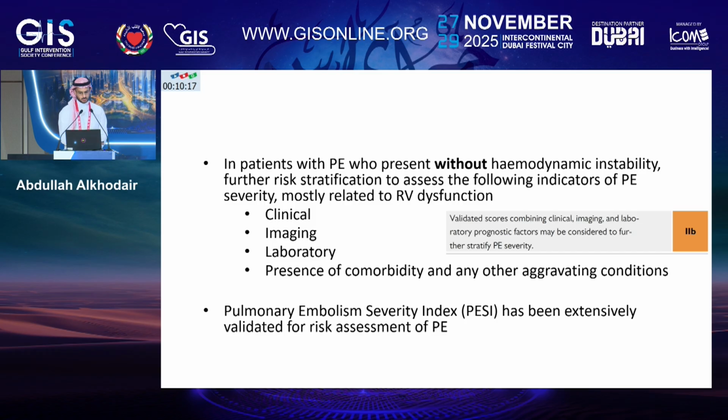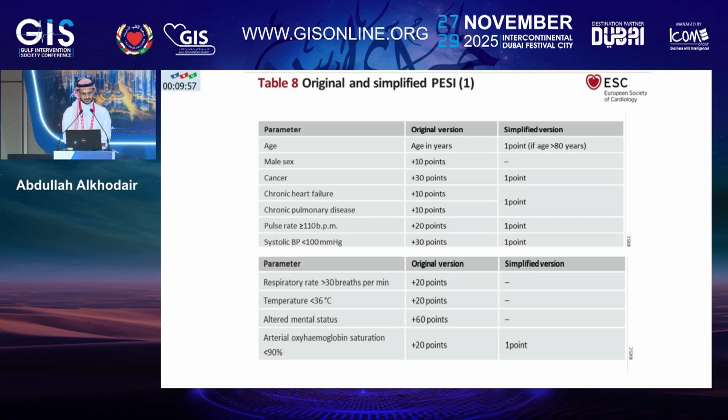In patients without hemodynamic instability, we have to further risk stratify them by clinical features, imaging, labs, and presence of comorbidities or other aggravating conditions. The PE severity index score is probably the most important and well-validated score to assess the severity of pulmonary embolism. These are the parameters of the PE severity index scoring.